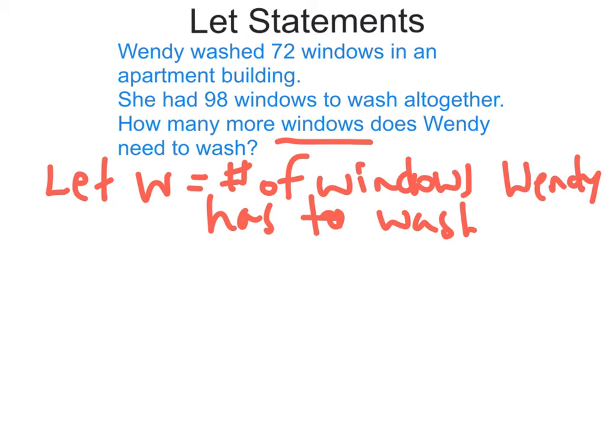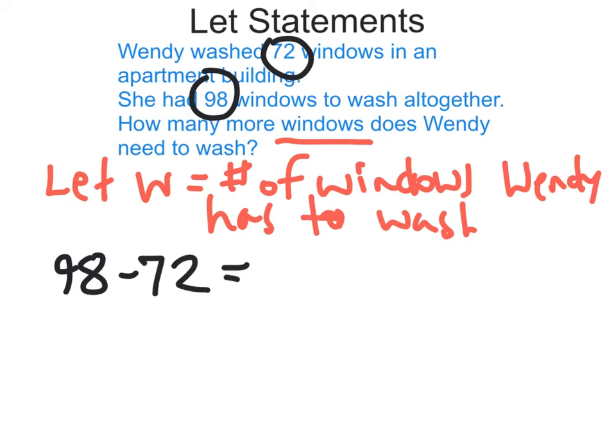Alright, now the information I know is that she washed 72 windows. She had 98 altogether. So how many more does she need to wash? So an equation could be 98 minus 72 equals W. 98 windows minus the 72 she washed equals how many she has left to wash.